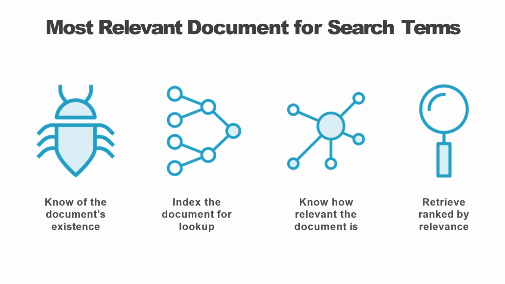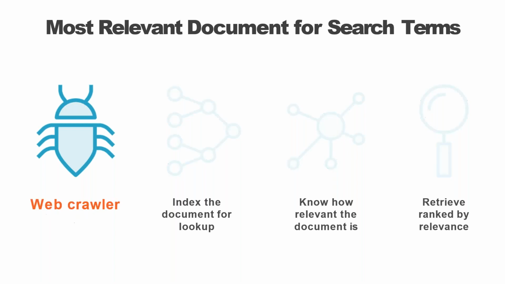After that, index the document for lookup. Index means storing, you can say. Then know how relevant the document is. That means you search DevOps, and for the documents you have, how relevant each is, and then retrieve ranked by relevance. That means giving a rank to each document for a certain keyword, and that is called retrieve rank by relevance.